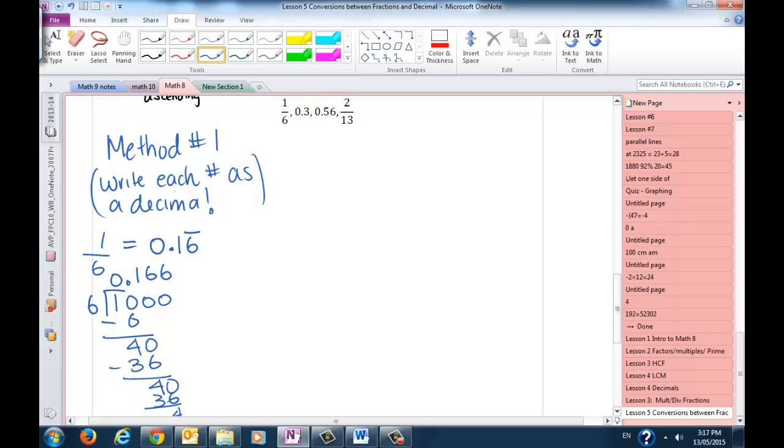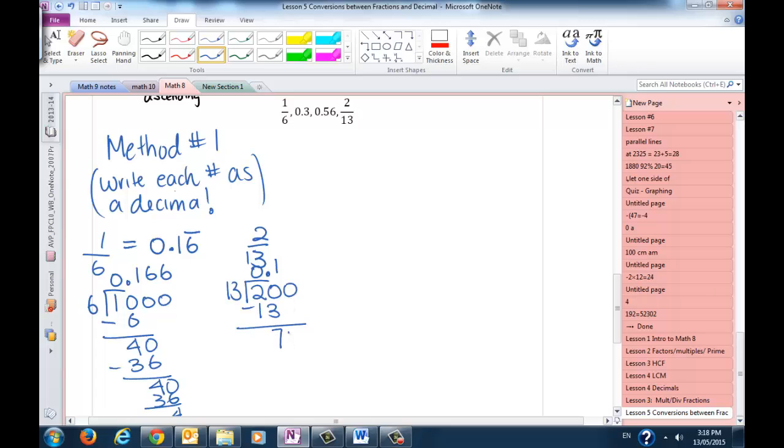The other fraction that I have to simplify is 2 over 13. This is the same thing as 2 divided by 13. Now, 13 does not go into 2. It goes in 0 times. I pop my decimal in, I drop a 0, and it goes in 1 time. 20, take away 13 is 7.